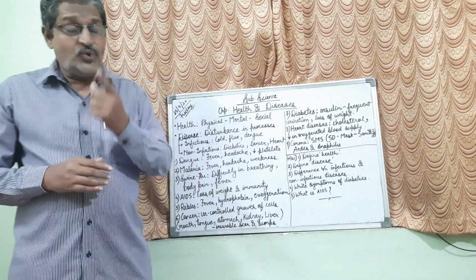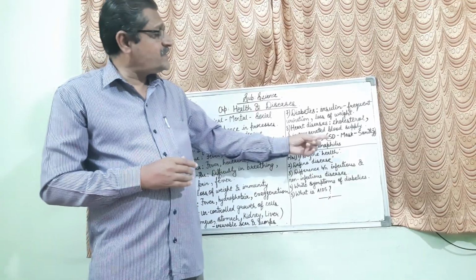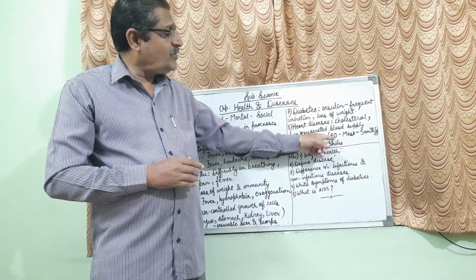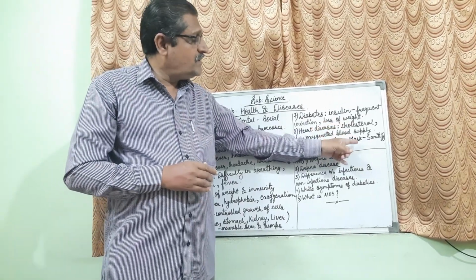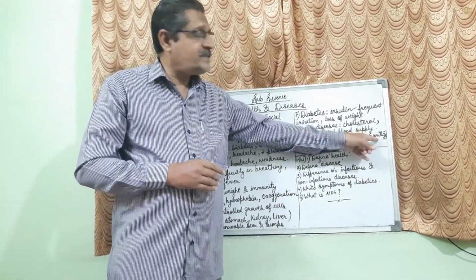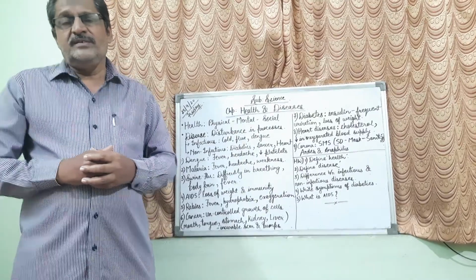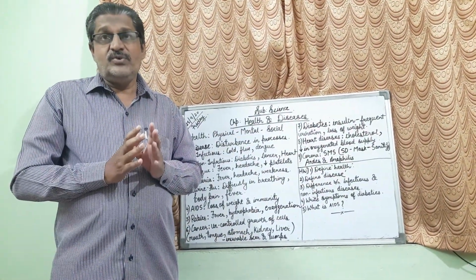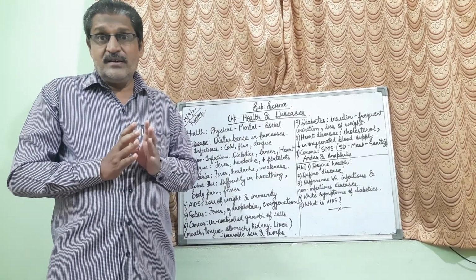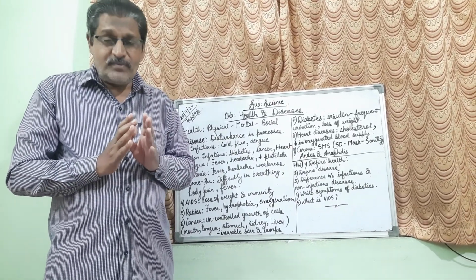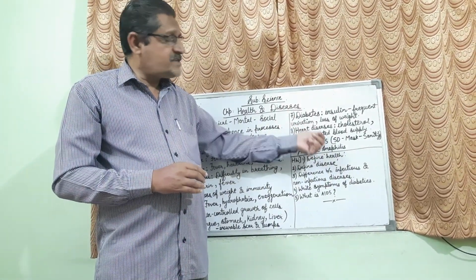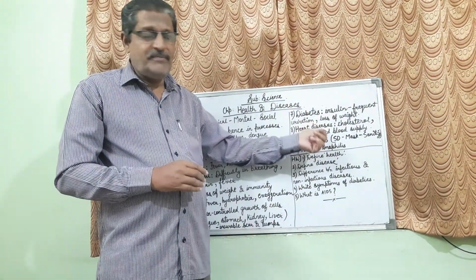And the persons who are following these 3 SMS, means social distancing, use of the mask and sanitization, these persons are away from the corona. So listen carefully, students. If you want to be away from the corona, you should follow this message SMS.